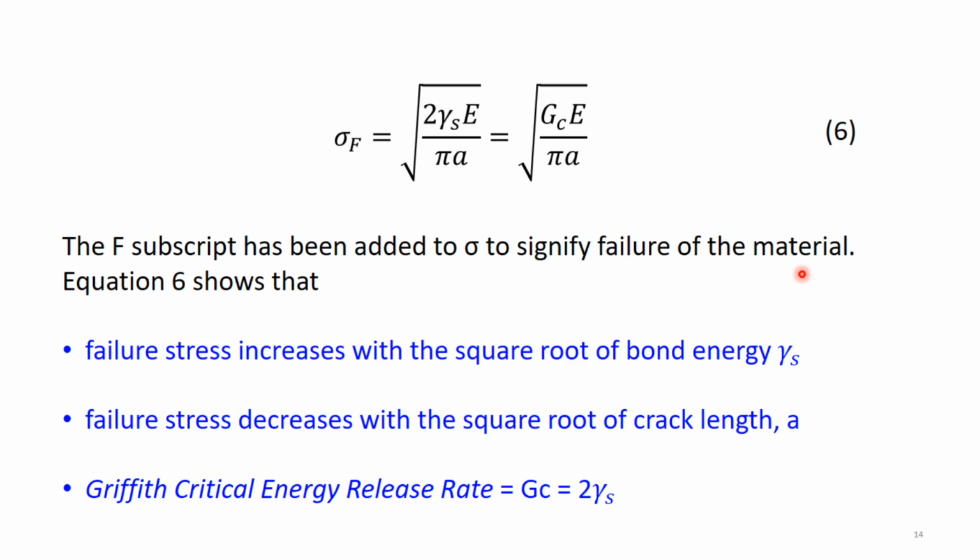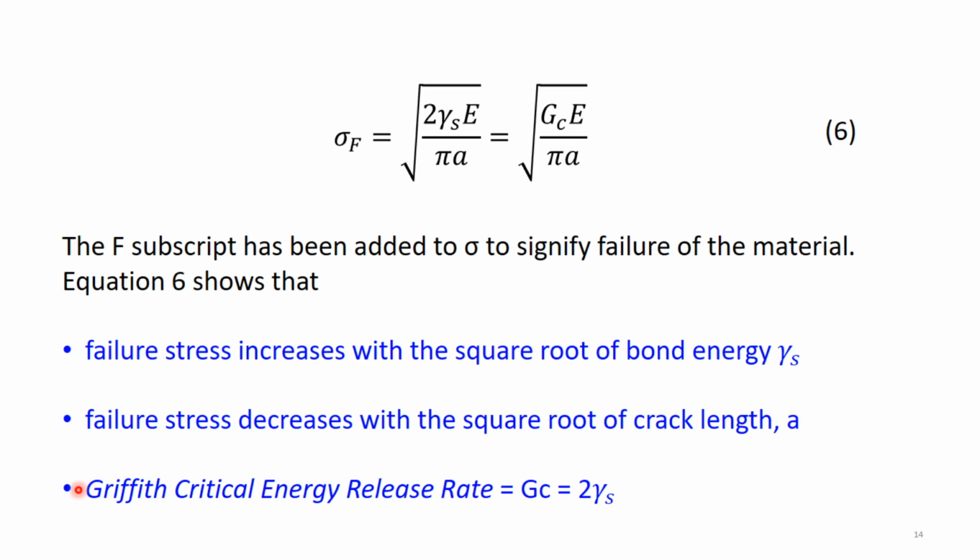Failure means when the material is broken. Equation 6 shows that failure stress increases with the square root of the bond energy gamma S. Failure stress decreases with the square root of the crack length A.